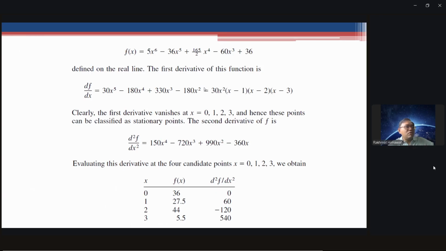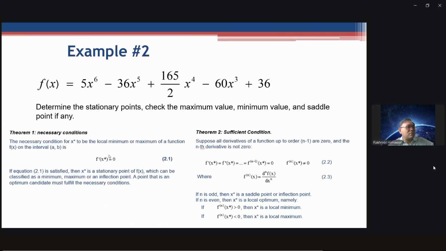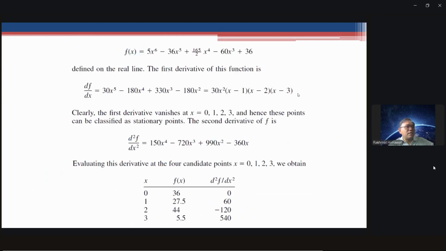And then we need to make it equal to 0, so we can find the x star. So this is equal to 0. And this is another way to find out manually what the x's are. So you change from this form into this form.